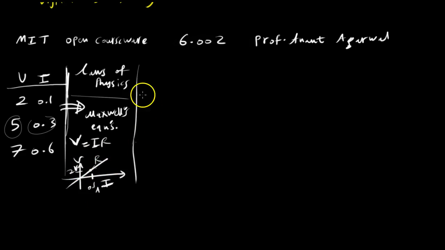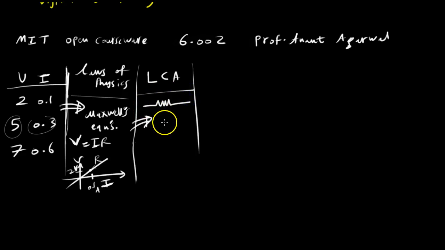After that, though, we jump to another layer of abstraction, which is called lumped circuit abstraction. In this case, we're going to represent certain objects as lumped matter objects, like a resistor, a capacitor, voltage sources, and so on.